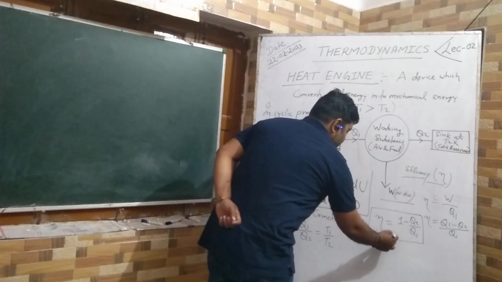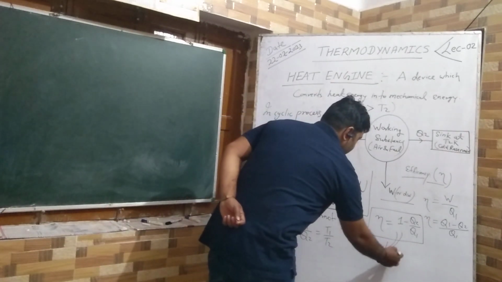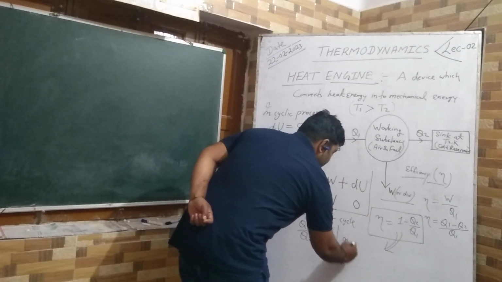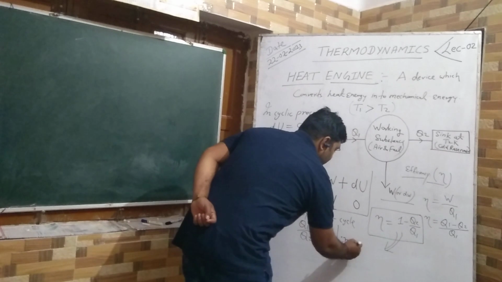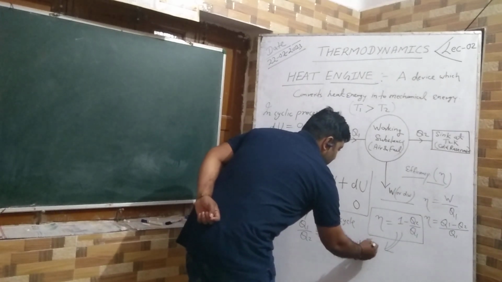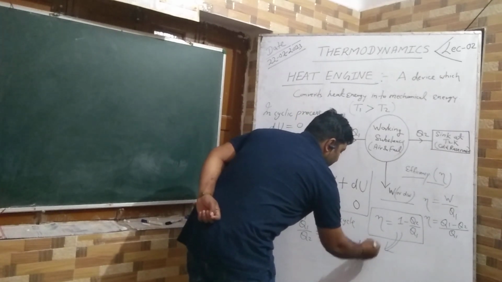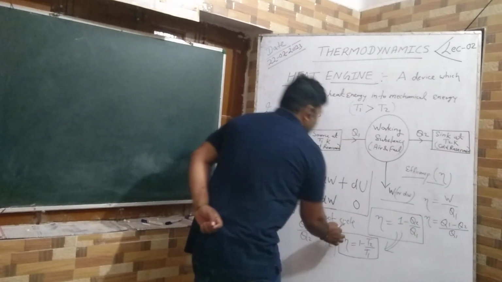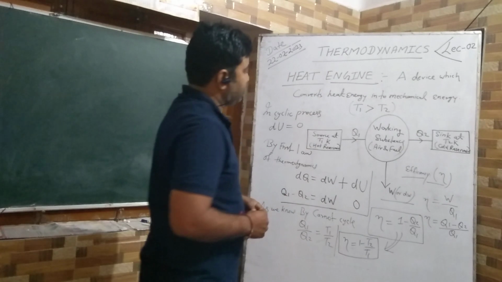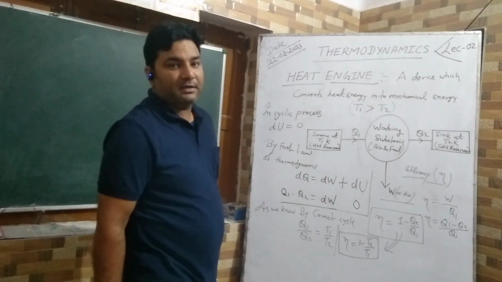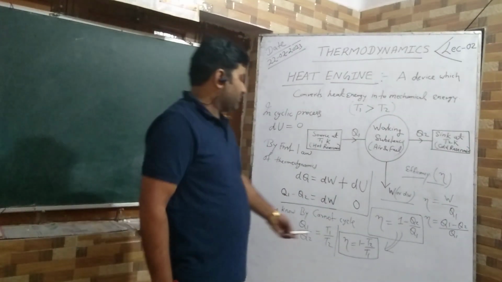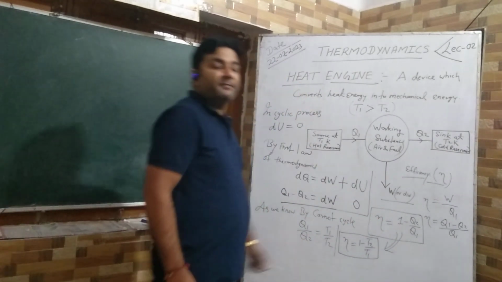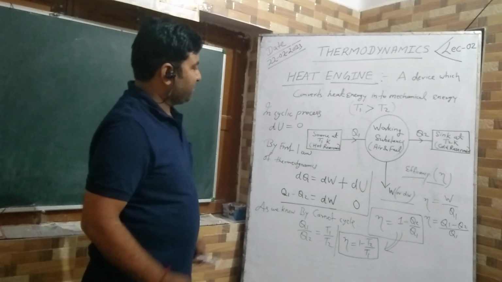Then eta is equal to 1 minus T2 upon T1. By using this formula, you can solve some numericals also. The efficiency of a heat engine is equal to 1 minus T2 upon T1 or 1 minus Q2 upon Q1. Clear?